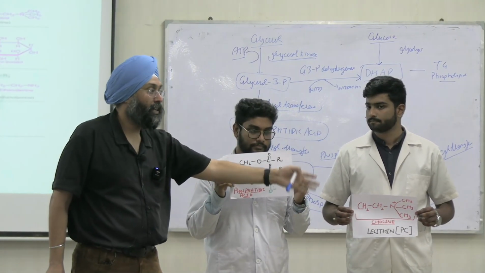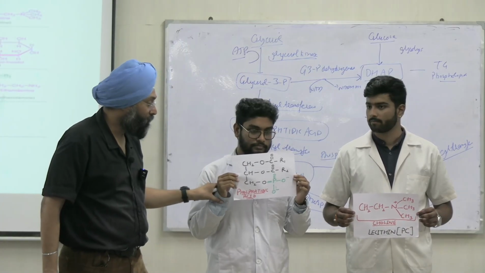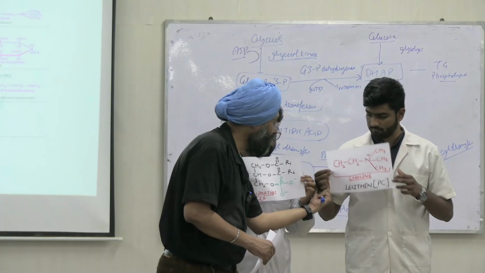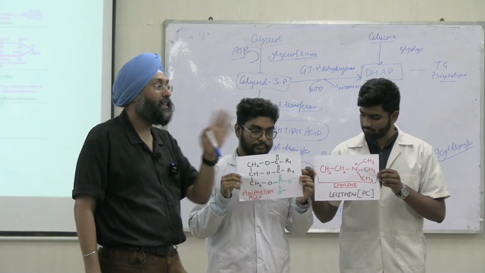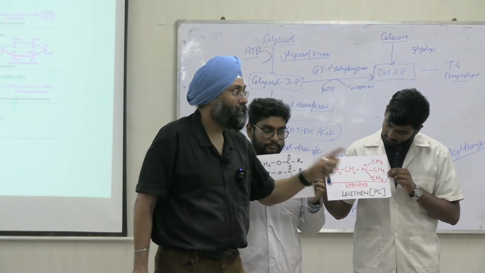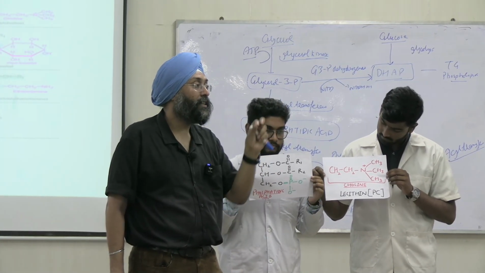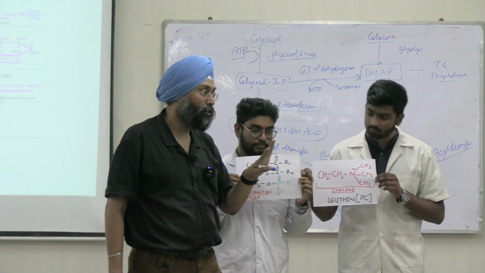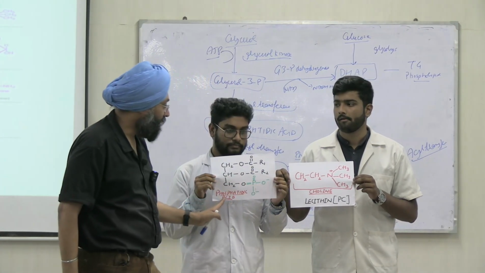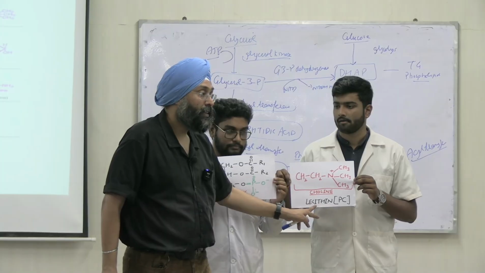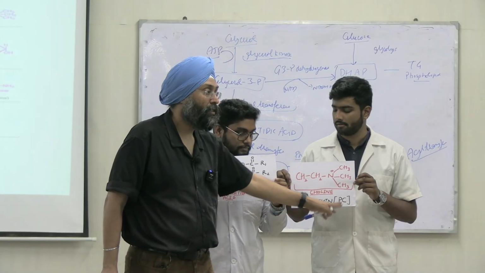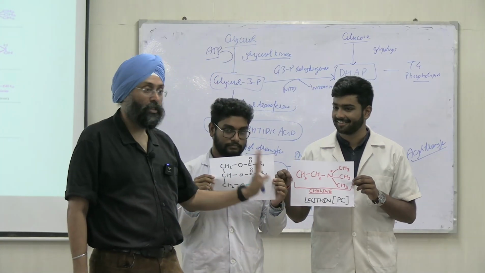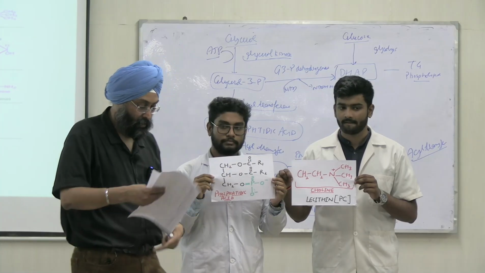We attach different groups and we form different phospholipids. We have phosphatidic acid and now we are attaching lecithin with it. Lecithos is the Greek word for egg yolk, the yellow part, right? It is present in egg yolk. When we attach phosphatidic acid and choline, it becomes lecithin, that is phosphatidyl choline. First phospholipid, okay, right?